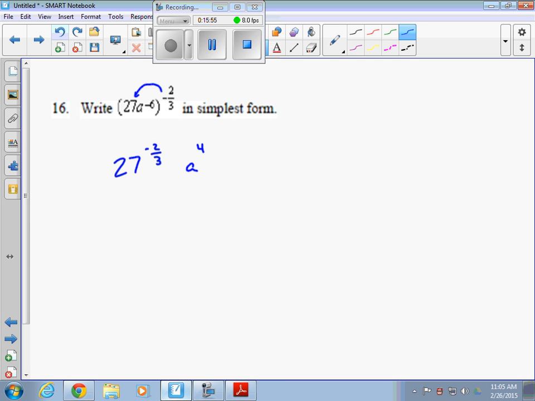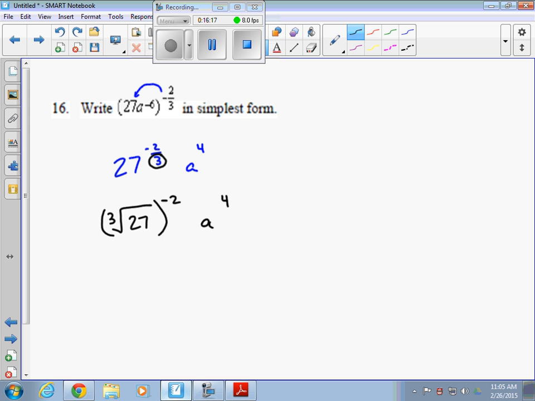So then we can convert 27 to the negative 2/3 power. So right there, all that means is this is the index. So the cube root of 27 being raised to the negative 2 power, a to the 4th. Remember, all a negative power means is it's going to make it ride the elevator.